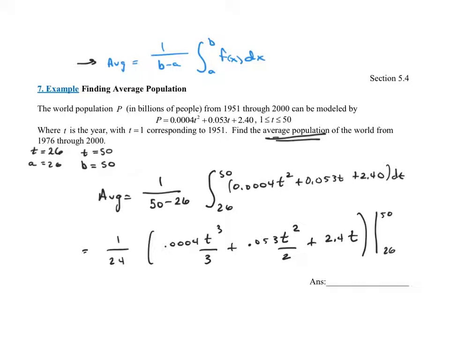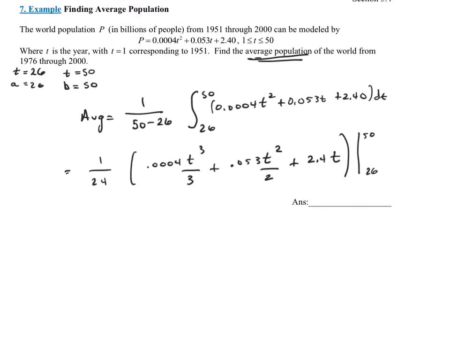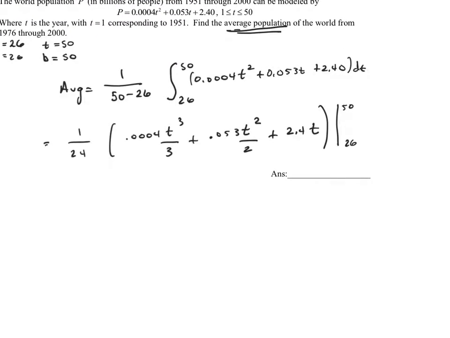Okay, so what does that mean I need to do? It means I need to take all this, plug in the number 50, plug in the number 26, and subtract them. So this is going to be 1 over 24 times, I know this is ridiculous, but let's write it out, 0.0004 all divided by 3, and this would be 50 cubed, plus 0.053 divided by 2 times 50 squared, plus 2.4 times 50.